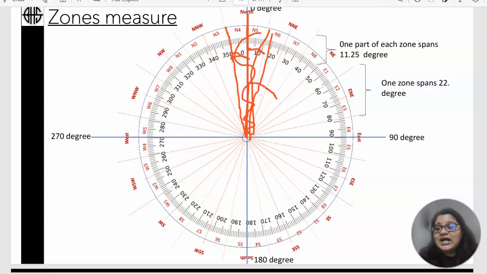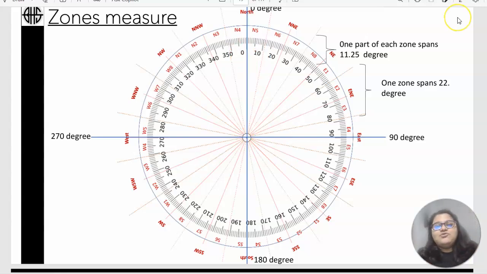So this is actually how you consider having a direction in your directional cardinal axis, and how to go about creating your zones is what we learned until now. If you have followed me until now, the same thing I've just given in a more detailed manner.